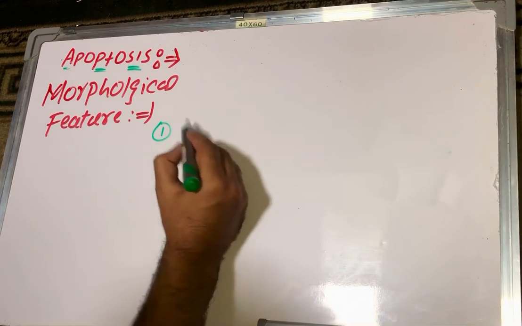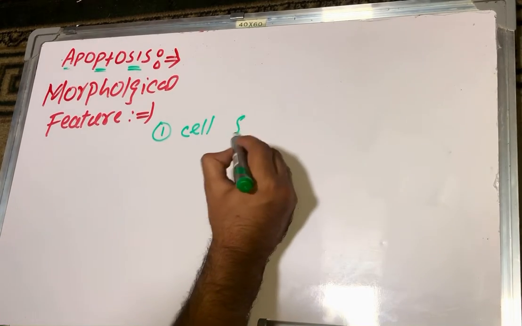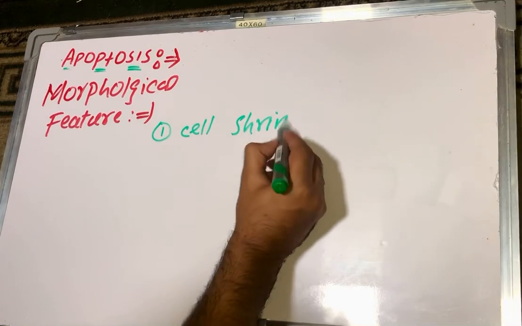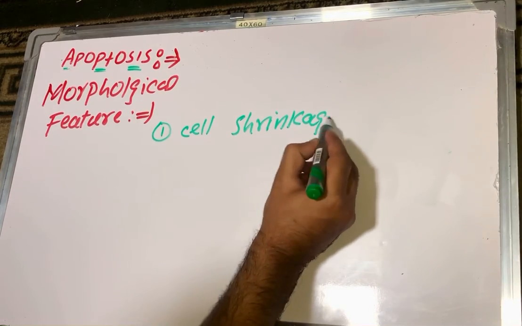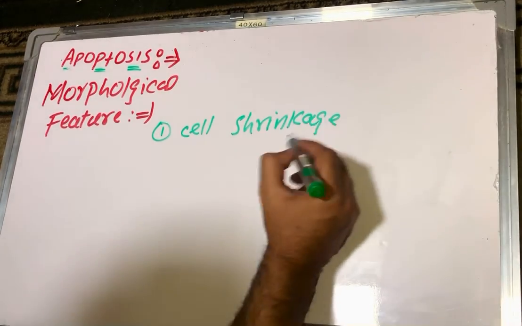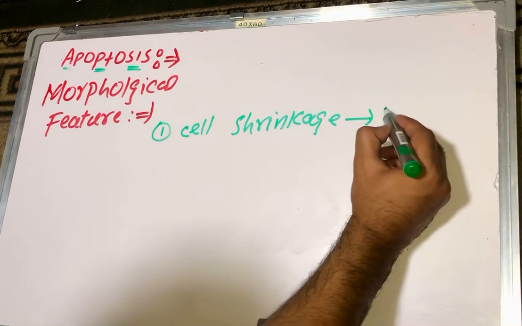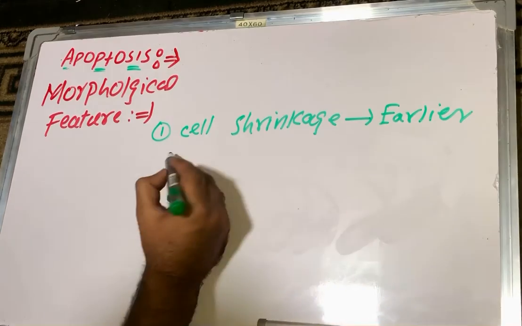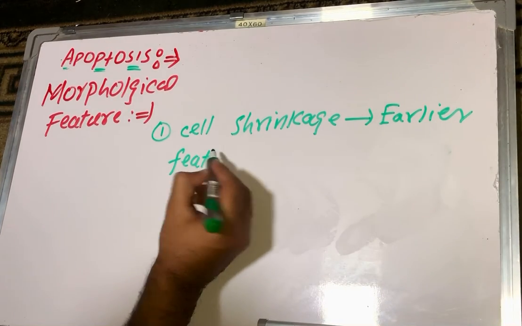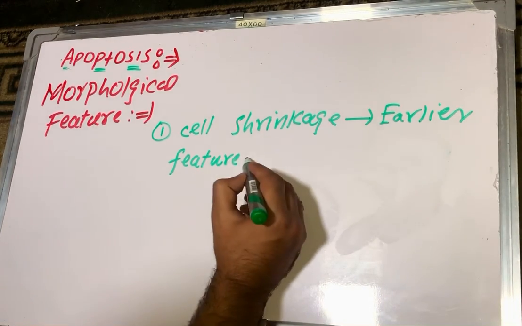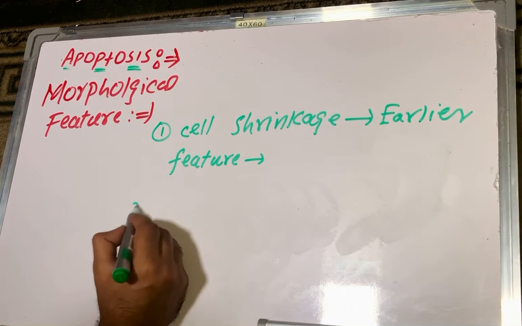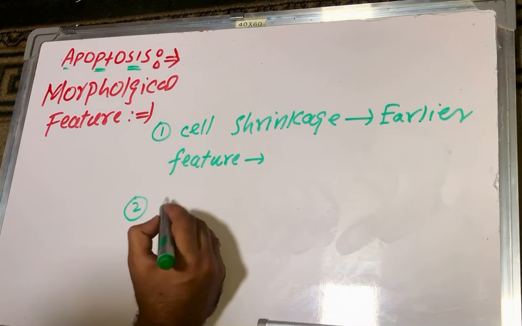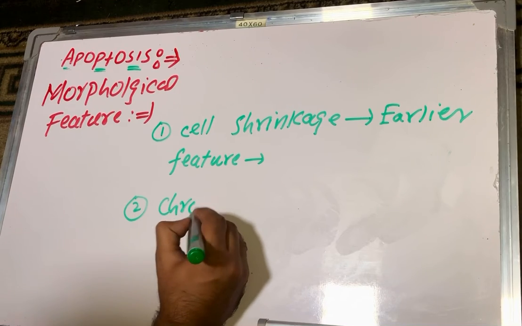Number first, there will be cell shrinkage. Remember that this is the earlier feature of apoptosis. Number second, chromatin will be condensed.